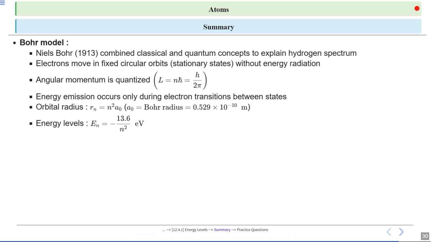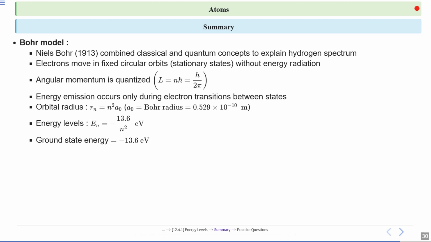The energy of each level is given by E_n equals minus 13.6 divided by n squared, measured in electron volts. E_n is the energy, n is the orbit number. For example, for n equal to 1, the energy is minus 13.6 electron volts, and for n equal to 2, it's minus 3.4 electron volts. Notice how the energy gets less negative as n increases. The lowest energy level, called the ground state, has an energy of minus 13.6 electron volts.